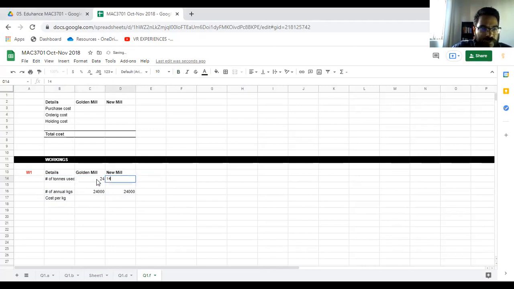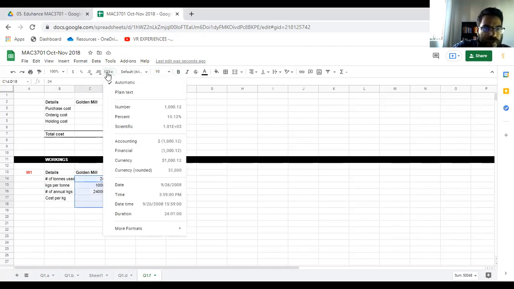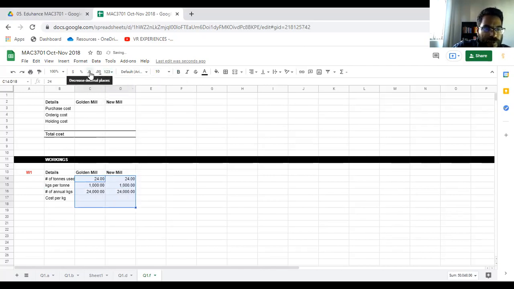24 tons, kgs per ton, 1,000. So that will give us our number of kilograms.